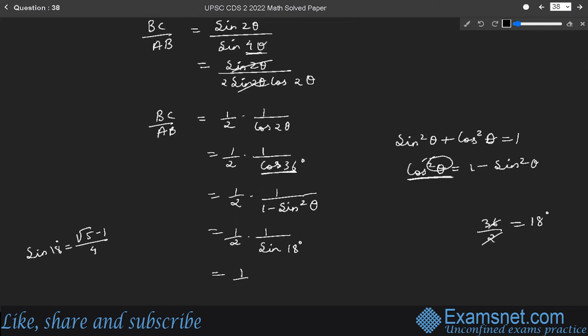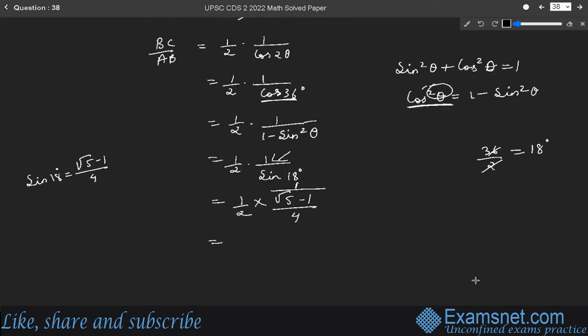So putting the value here, we will get 1 by 2 into root 5 minus 1 upon 4. And in numerator, there is also 1. So 1 upon root 5 minus 1 upon 4. So it will be equals to 1 by 2 into 4 upon root 5 minus 1. So this will be cancelled.